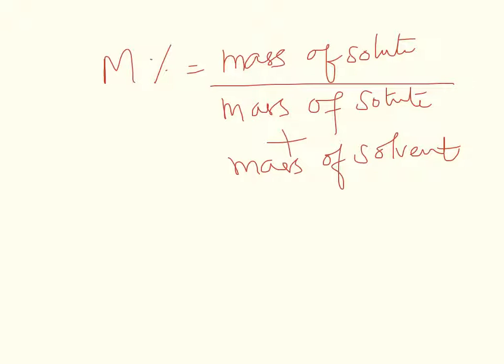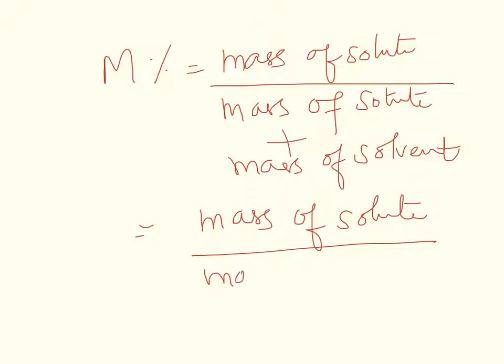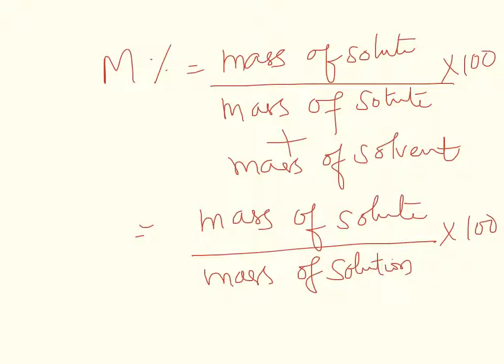Okay, so mass percent is mass of solute divided by mass of solution, because mass of solute plus mass of solvent is mass of solution, multiplied by 100. This will be mass percent.